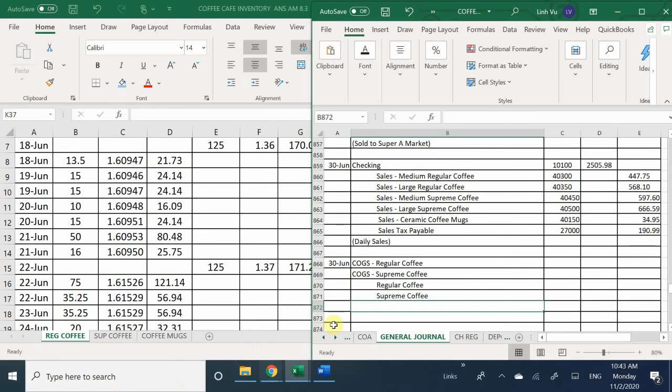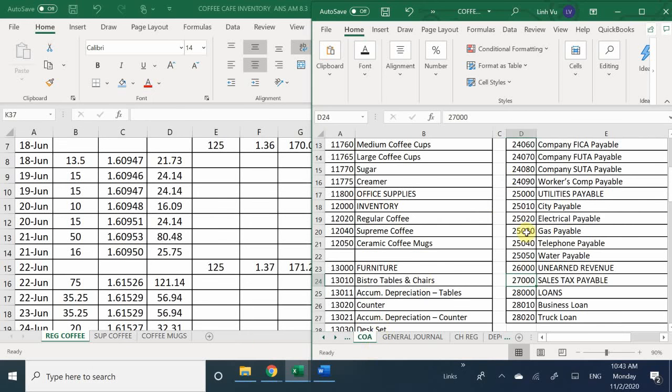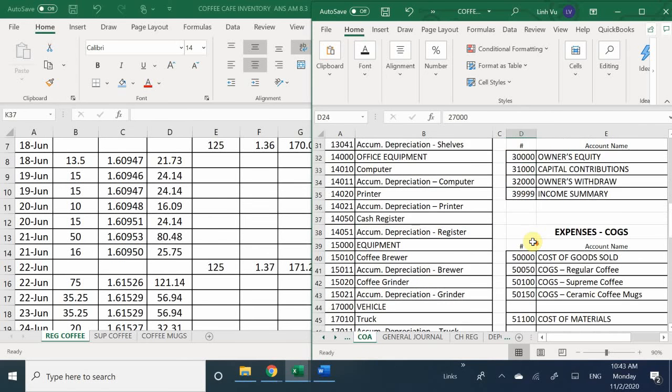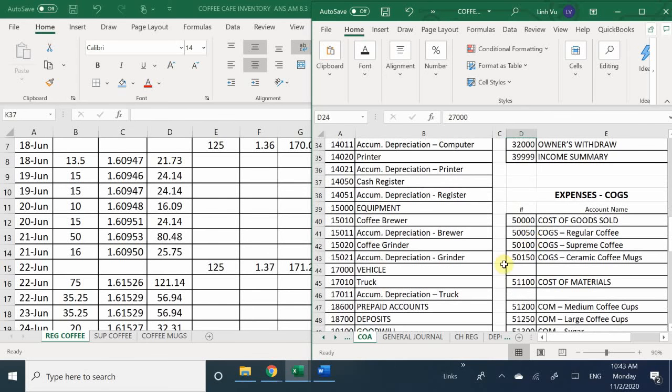Okay. So I'm going to show you my chart of accounts. Since I'm in the cost of goods sold, what is my cost of goods sold account for regular coffee? 550. Okay, what about my Supreme coffee?